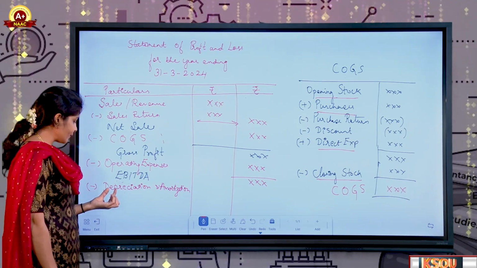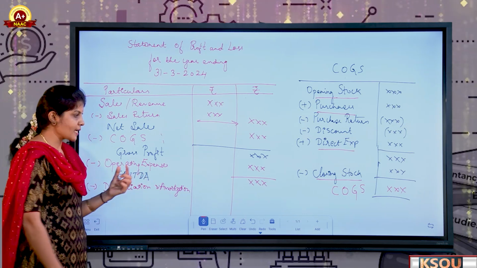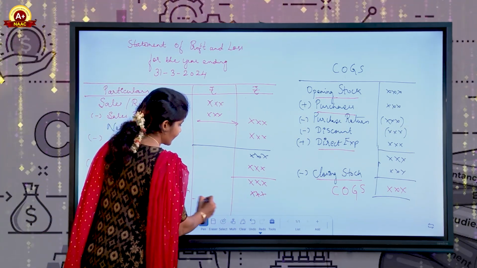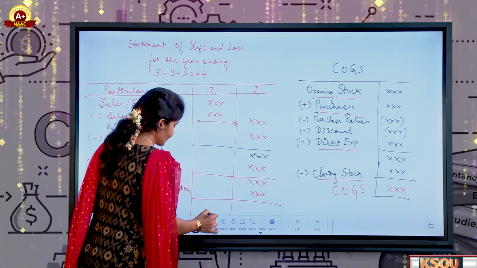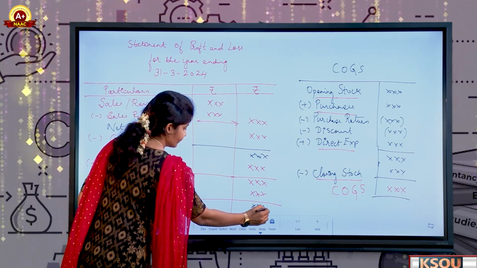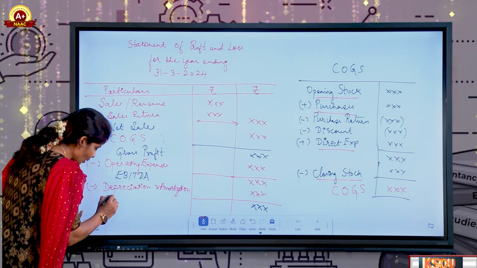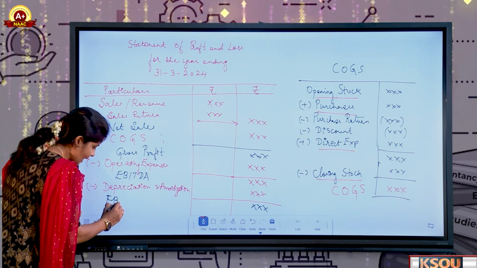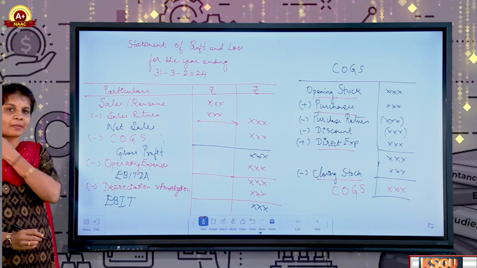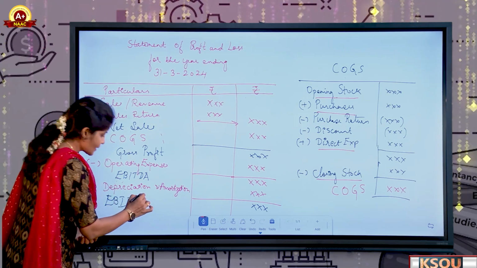We are deducting one by one. After deducting depreciation and amortization, the balance we get is called operating profit. This operating profit is also called EBIT.